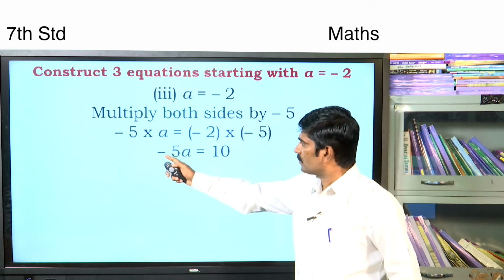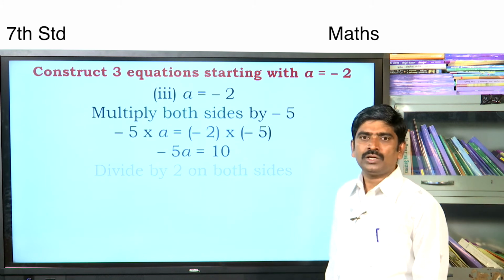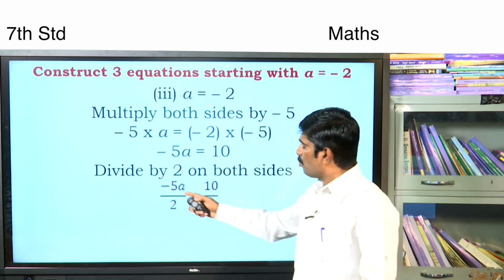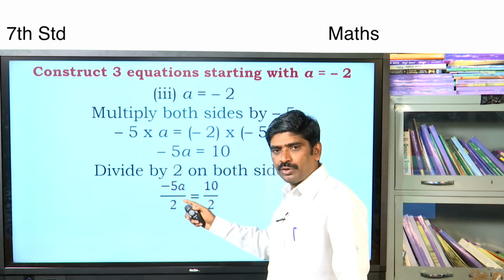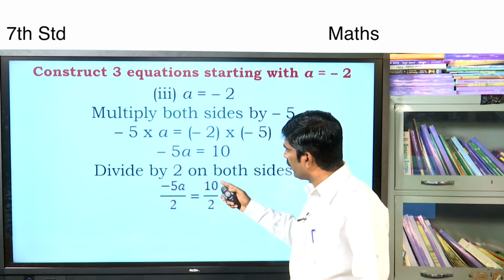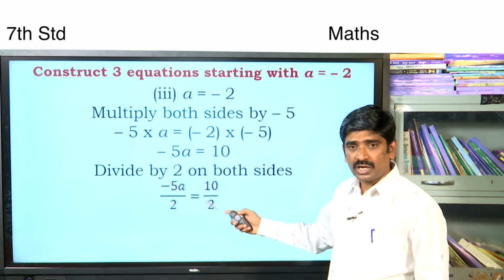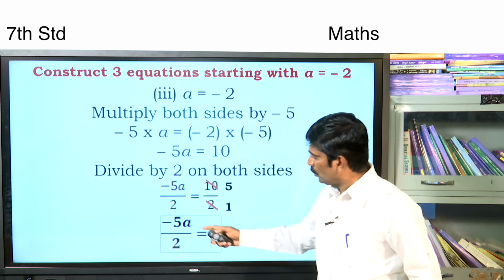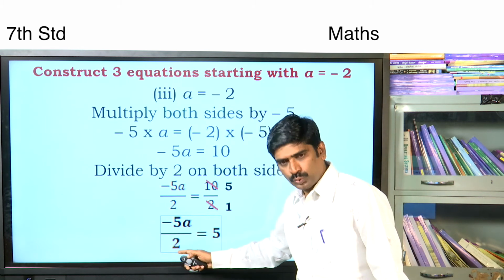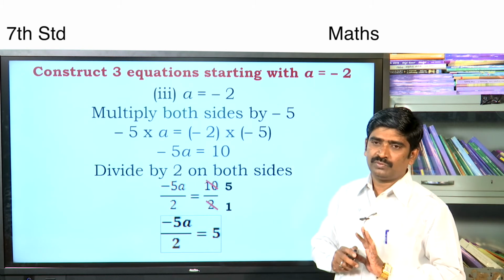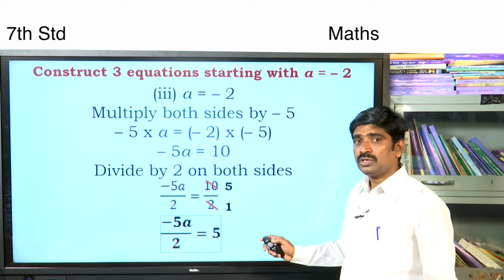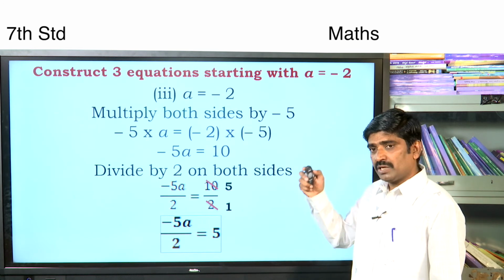Therefore, minus 5a is equal to 10. Divide by 2 on both sides. Then minus 5a divided by 2 is equal to 10 by 2, which is 5. We constructed the third equation.